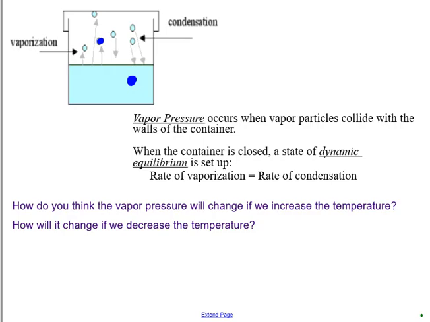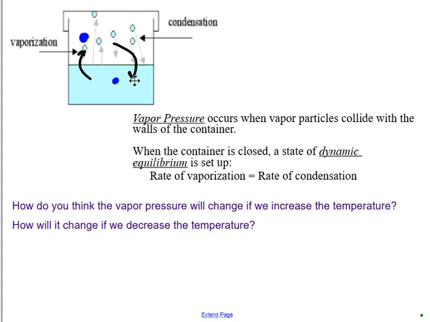I mentioned that there was a point where the particles leaving the system created enough pressure that they had reached a maximum. At that point, every time one of these particles gains enough energy to go up from the liquid to vaporize, another particle ends up being forced back down into the liquid and is condensed. For every one particle that goes up, another one will come down.